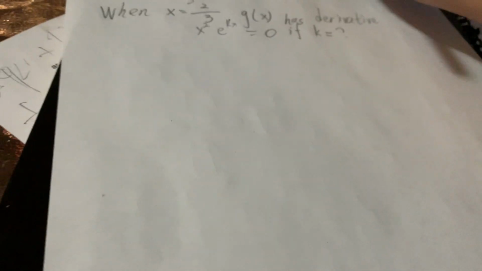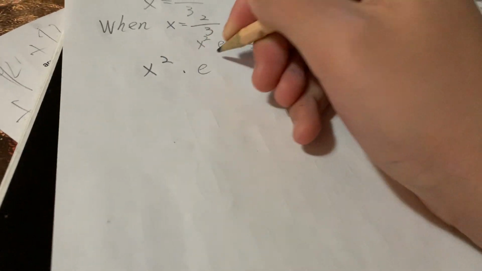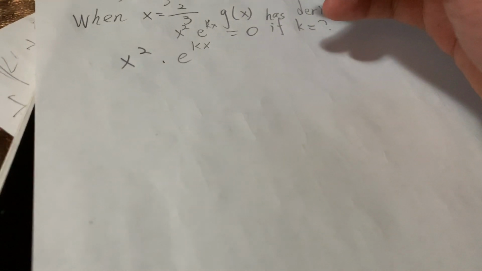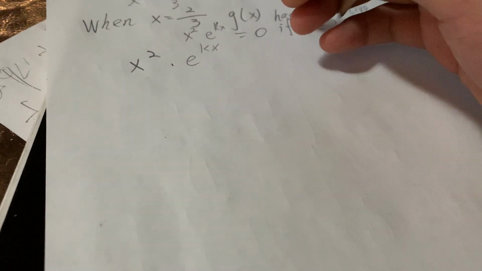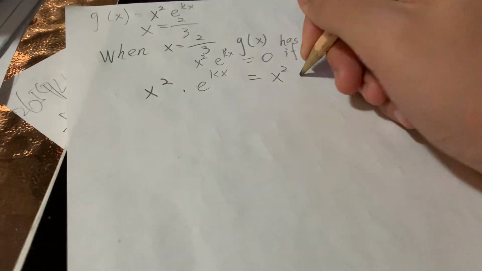So the best way, like when I did this, I decided to try this one by one. So kx times e to the power of kx, let me think. It is equal to x squared times e to the kx.